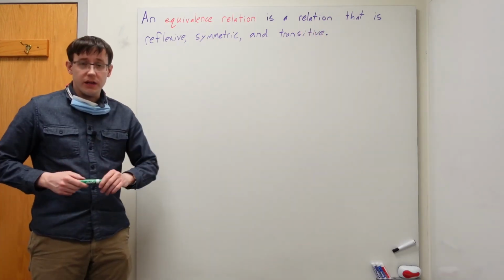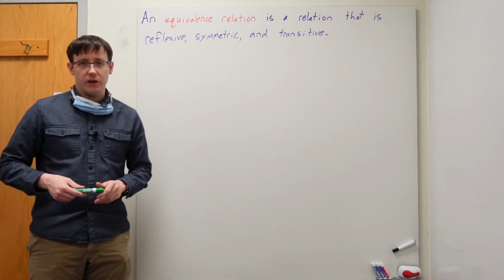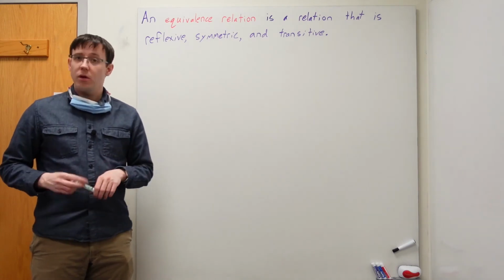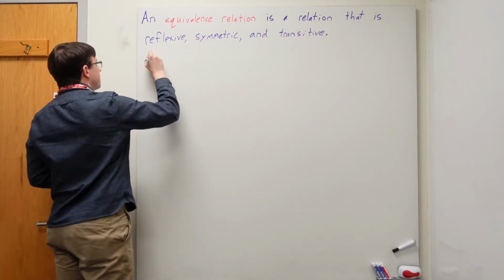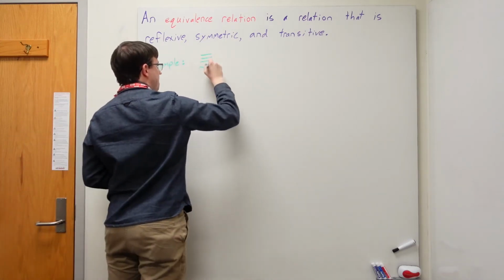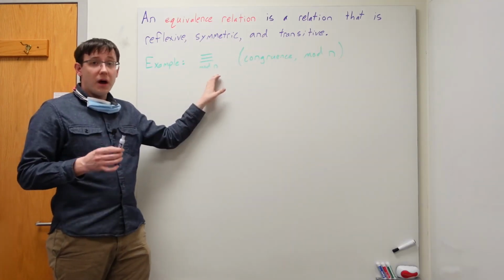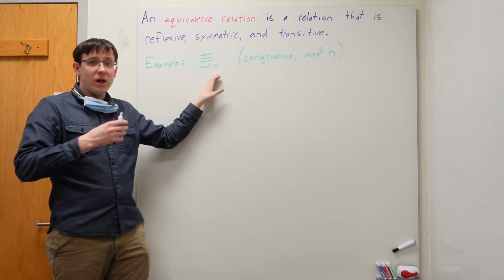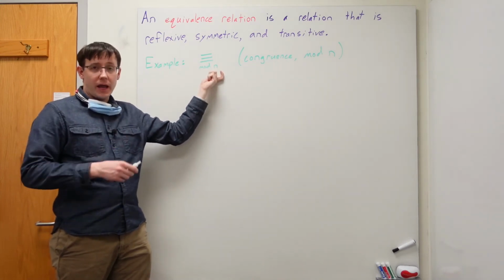If a relation is reflexive, symmetric, and transitive, we call it an equivalence relation. An example of an equivalence relation is congruence mod n. Of note, congruence mod n is only a well-defined relation if we specify a particular n.